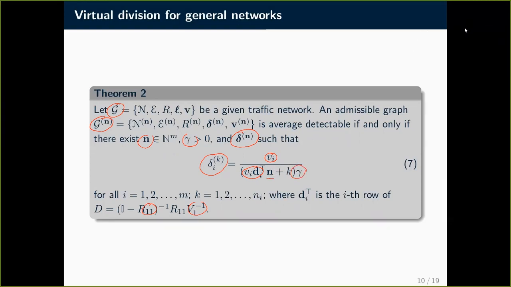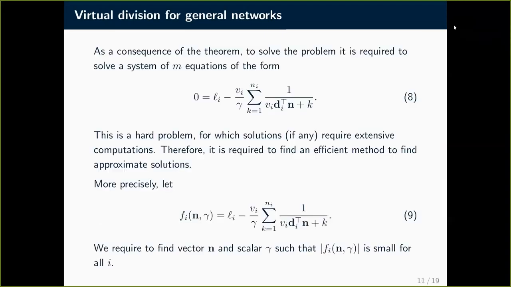So we can use this theorem to solve the problem. If we replace in the constraint that we want the total length of the road to be equal to the sum of the lengths of the cells, and then use the theorem to replace the cell length by this expression, we obtain just a system of m equations in which the unknowns will be the n's here and here, and the gamma.